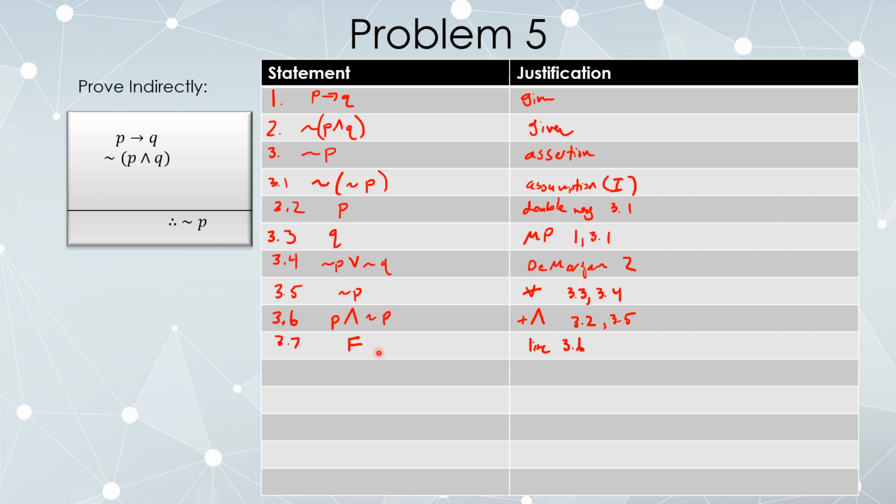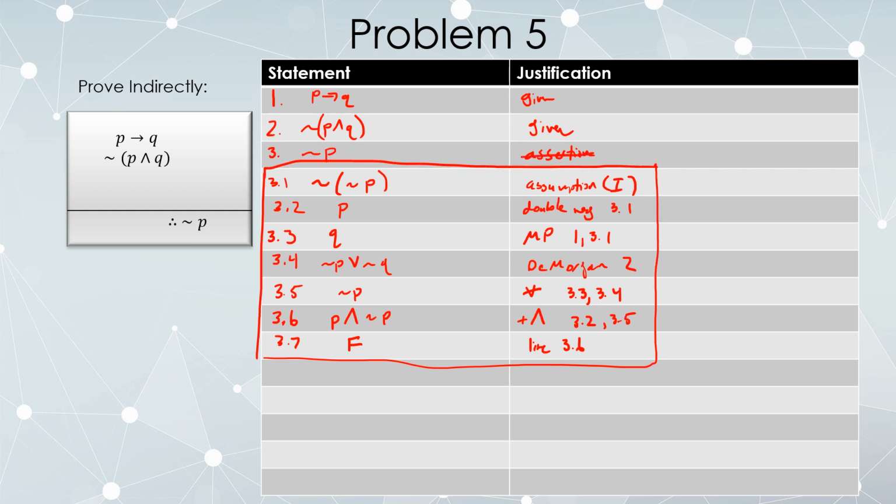Now the indirect proof is complete. Having made an assumption, I have derived a contradiction. And the assumption we made was that our assertion was false. So assuming our assertion is false, we get something that is a flat-out contradiction. Therefore, our assertion is actually true. So we box all this off.